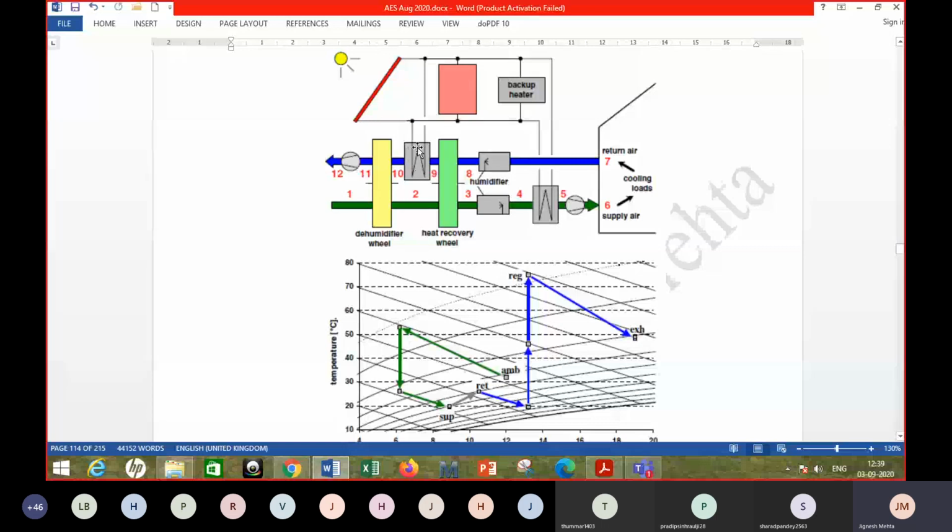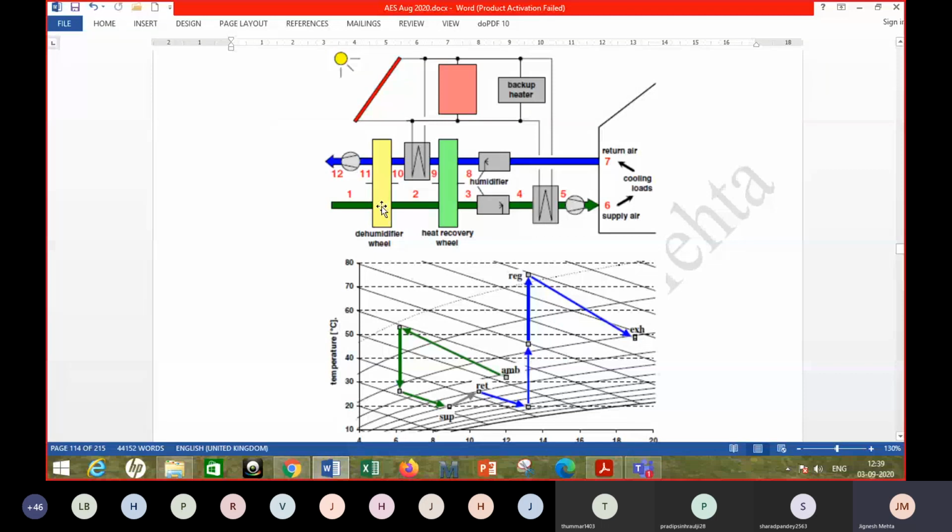So that hot air here, this is 10, is passing over this wheel, which has come from this portion, right? So when it is there in this portion, it has absorbed water vapor. Now it loses its capability to further absorb water vapor.